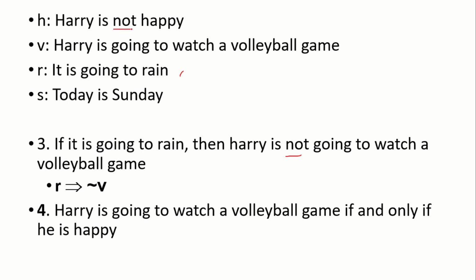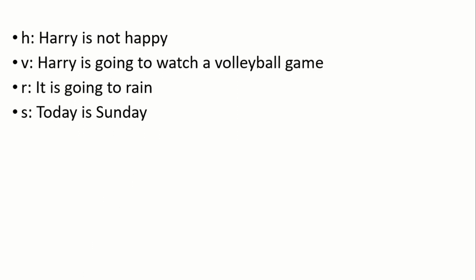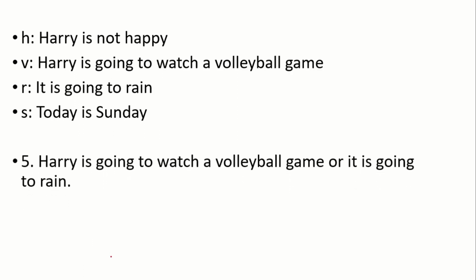Here, he is not happy, so the opposite is he is happy, so we will take the negation of H. So Harry is going to watch a volleyball game if and only if the negation of H. And last, Harry is going to watch a volleyball game, so that is V, or it is going to rain. So V or R.